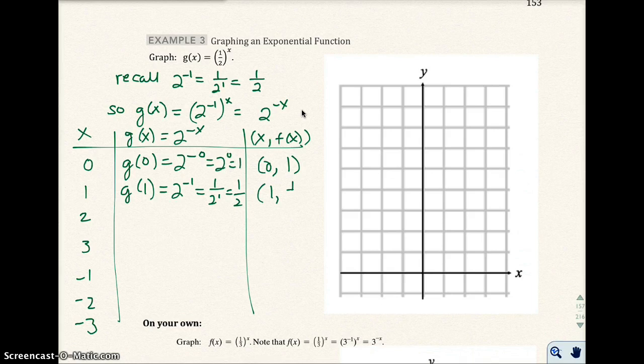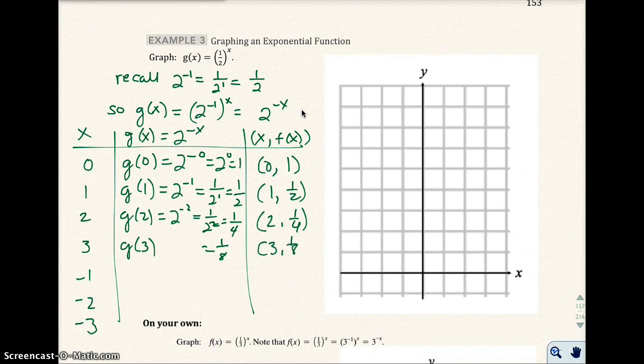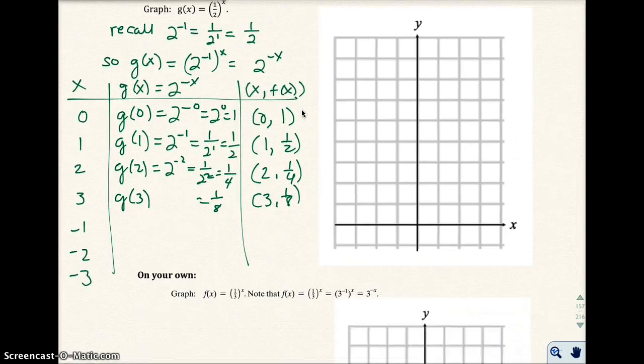So I get 1 and 1 half. If I have g of negative 1, that's going to give me 2 to the negative of a negative 1, which gives me 2 to the 1, which is 2.